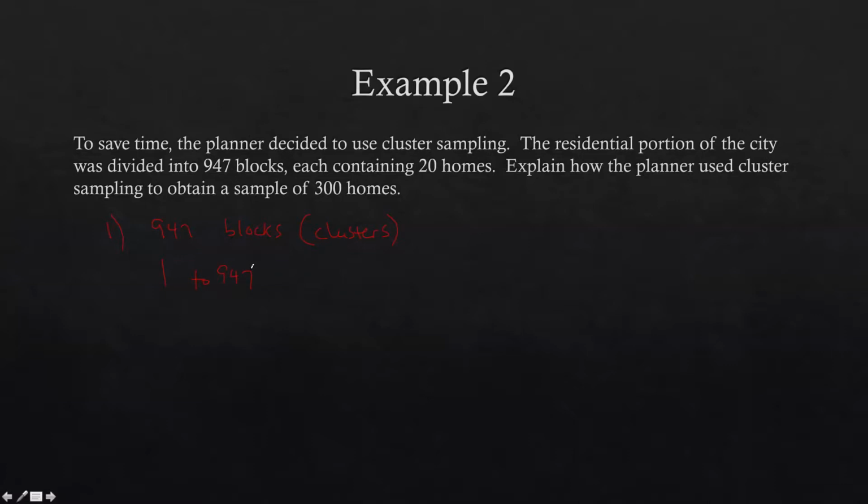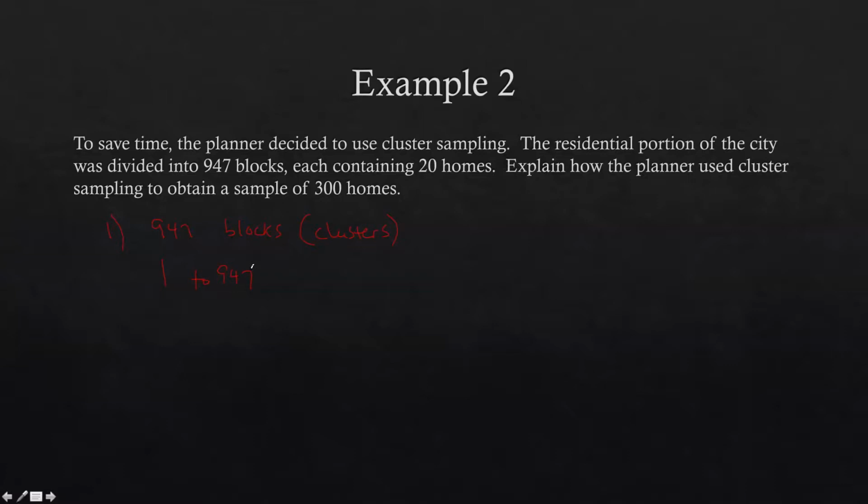So you want to use a table of random numbers or a random number generator or some other method of finding random numbers, and let's obtain a sample of 15.